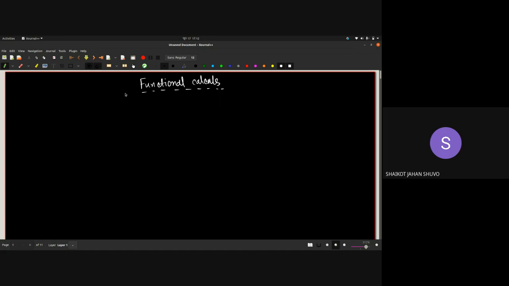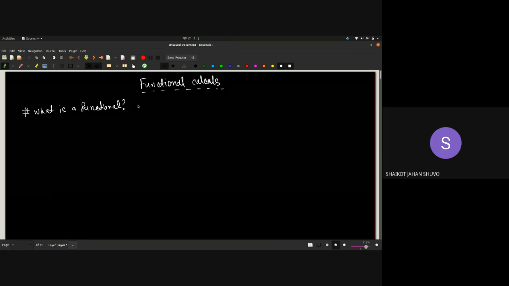We'll try to see those things, but this time we're going to deal with functionals. So the first question that comes to mind is, what is a functional? Well, to understand that, we first need to introduce the idea of a function space itself.